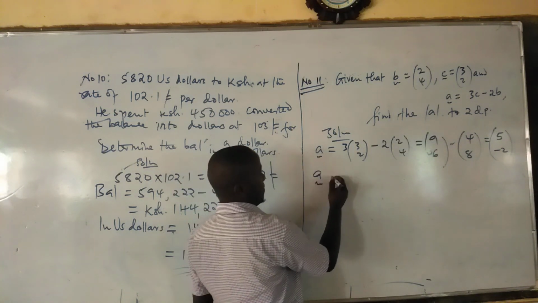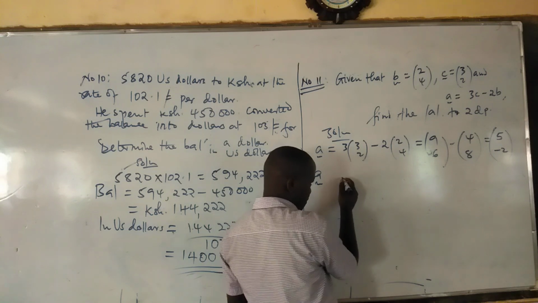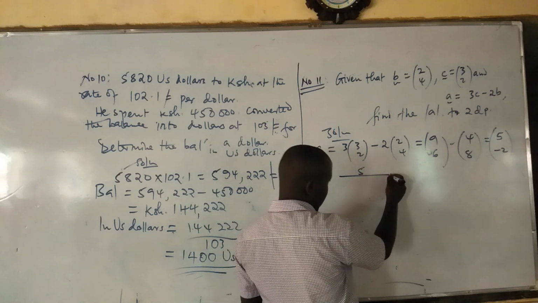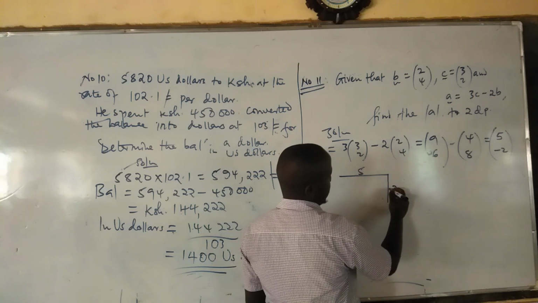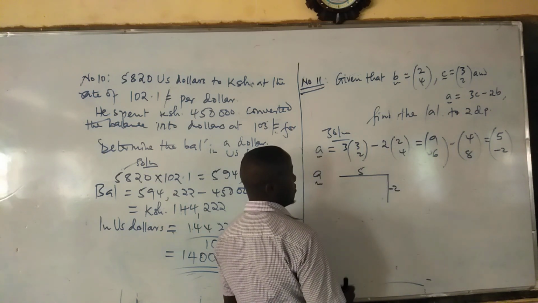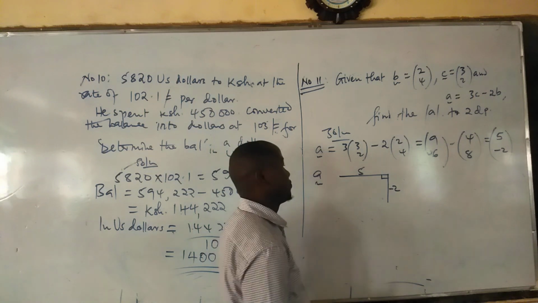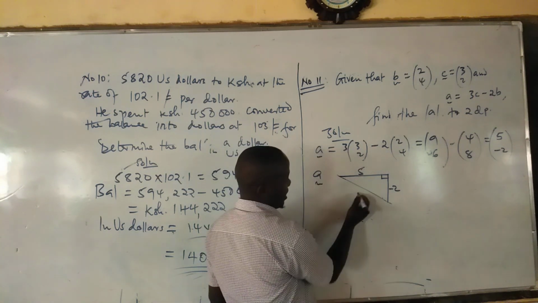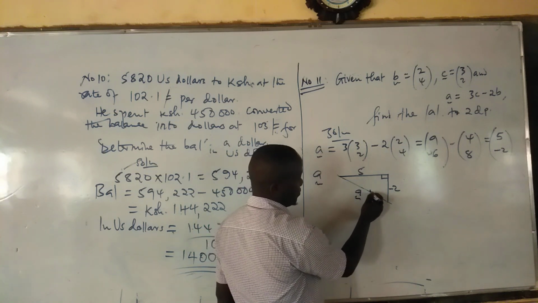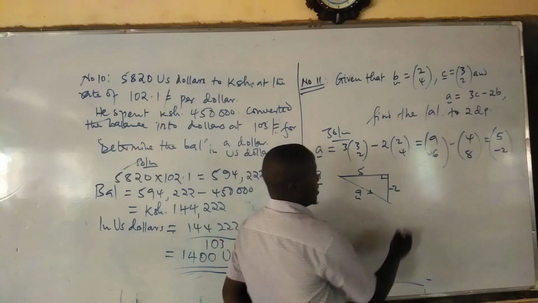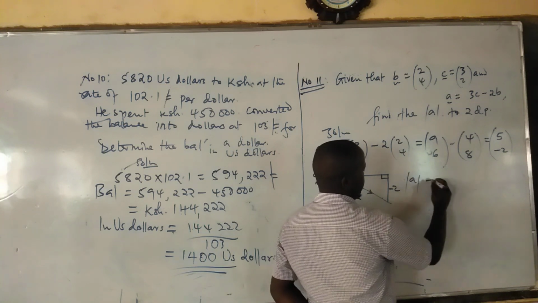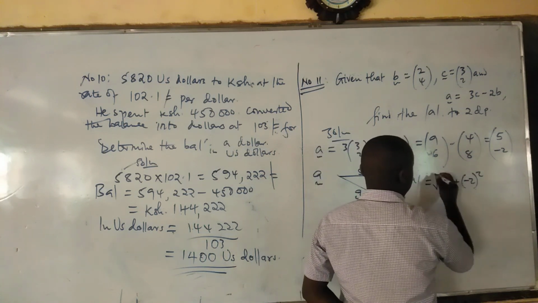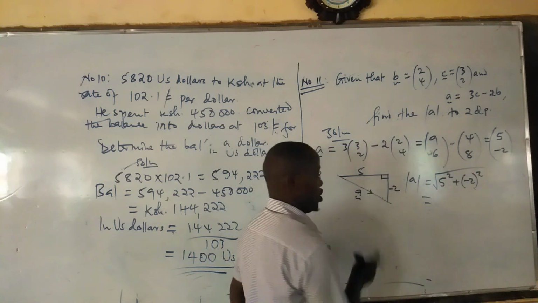Therefore, vector A is equal to 5 units in the x-axis and negative 2 in the y-axis. Now the magnitude will be this distance. This is vector A. To get the magnitude of A, we get 5 squared plus negative 2 squared, and we take the square root because it is the hypotenuse.